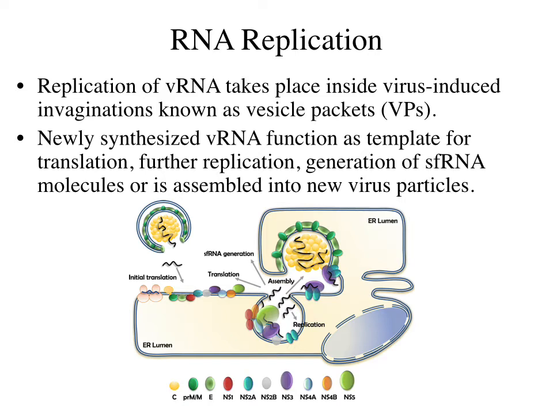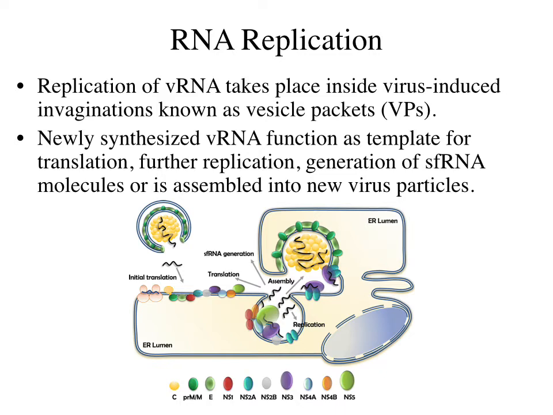This is followed by the synthesis of plus strands that are either translated, making more virus proteins, replicated, making more RNA, or packaged, making virions. So the same process that we've talked about with all of the single-stranded positive sense RNA viruses.